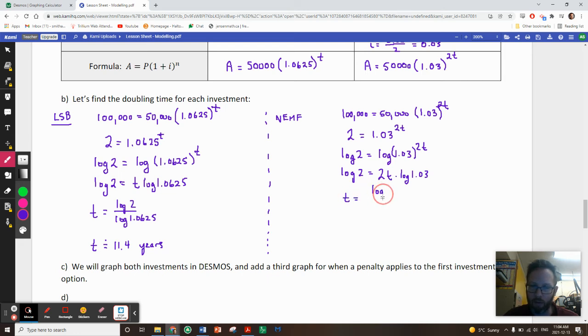We get the log of 2 divided by 2 times the log of 1.03. Let's see if this doubling time is the same, less, or more. Let's find out. Log 2 divided by 2 log 1.03. So about 11.7 years.